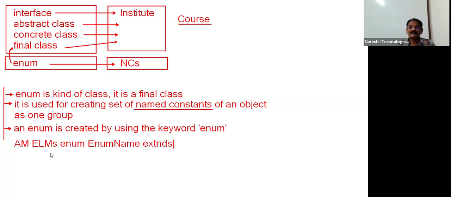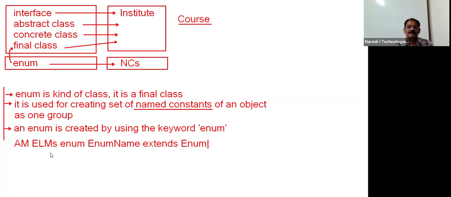Tell me, can it extend from any other class? No. It cannot extend from any other class because every enum internally extends from Enum. There is one predefined class called Enum. Like every class extends from the Object class, every enum extends from Enum.